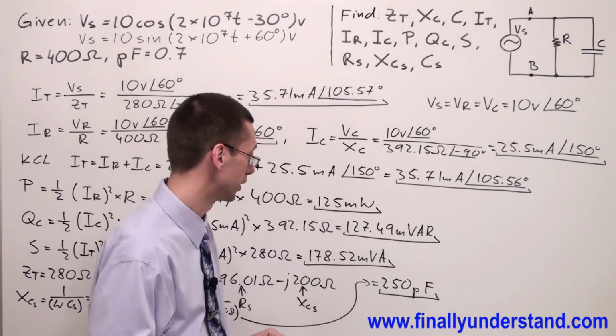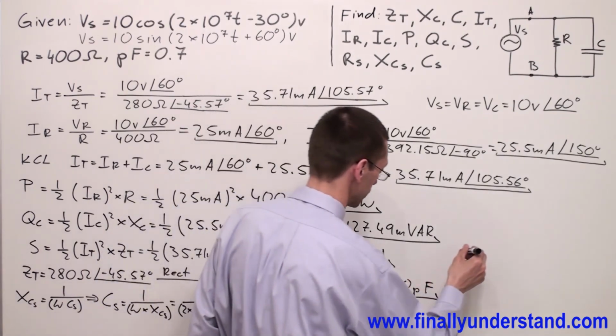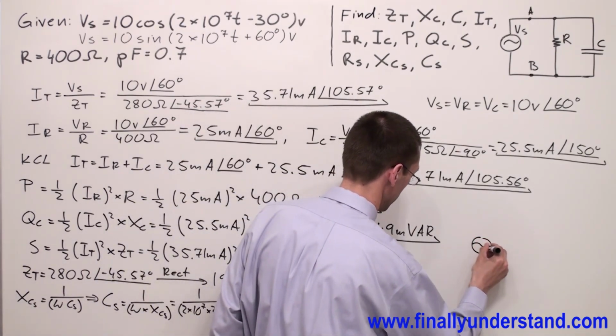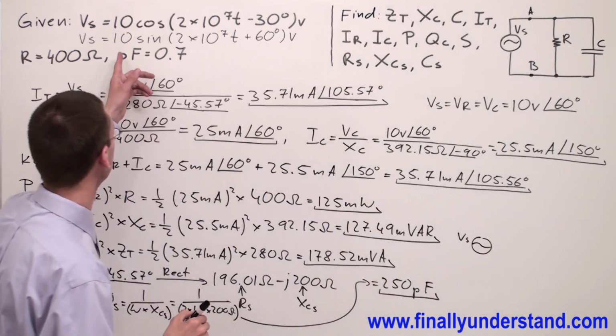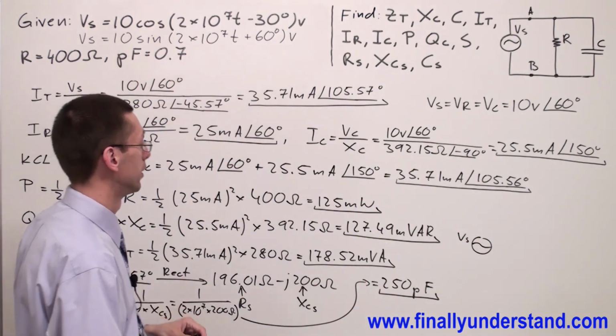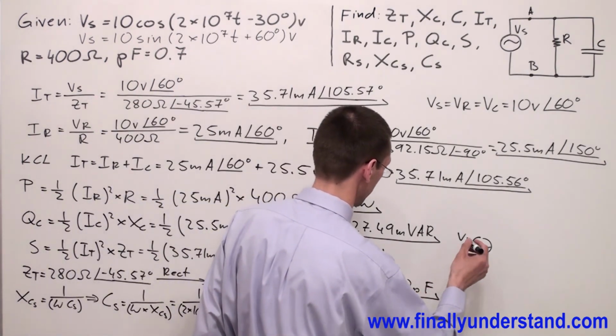Now we can draw the series equivalent circuit. So we have a voltage source, which has voltage 10 sine omega t plus the phase angle.